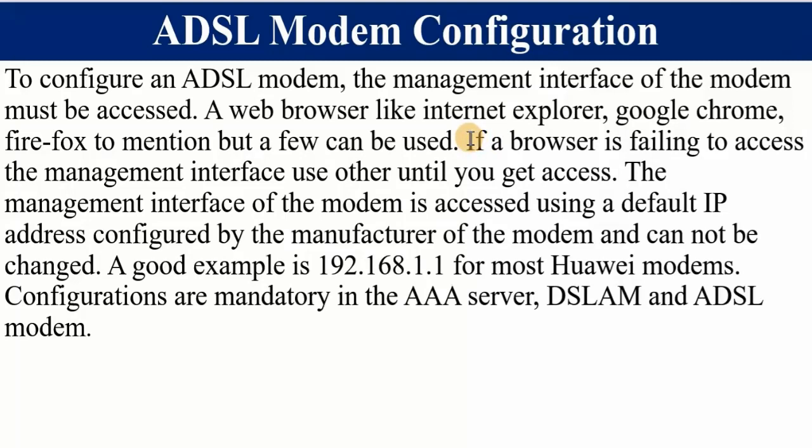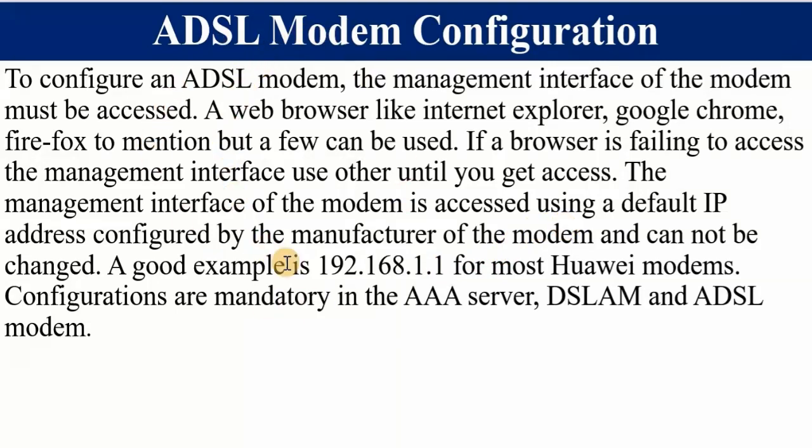You will succeed. How do you access the management interface of an ADSL modem? You do that using a default IP address, and this IP address is set by the manufacturer and cannot be changed. Huawei modems use 192.168.1.1 as their default IP address to access their management interface.